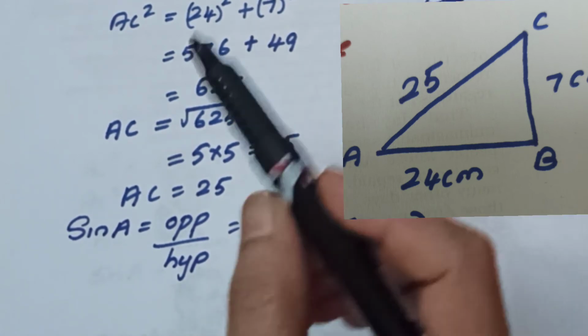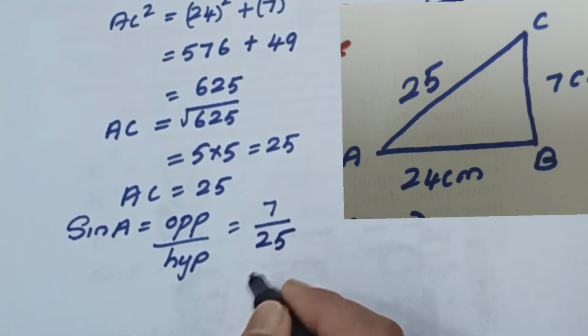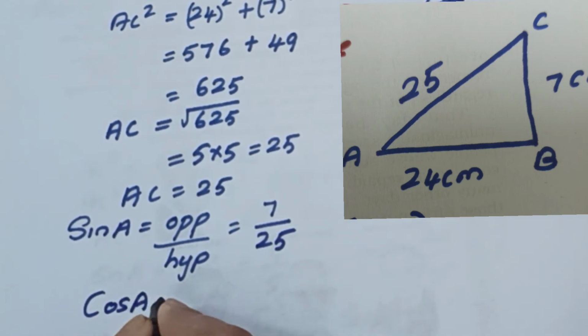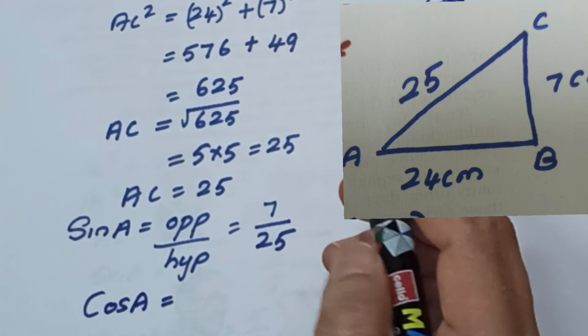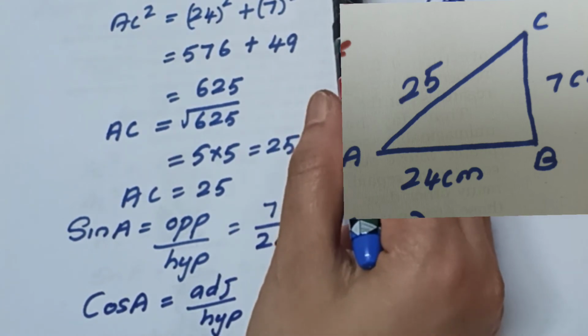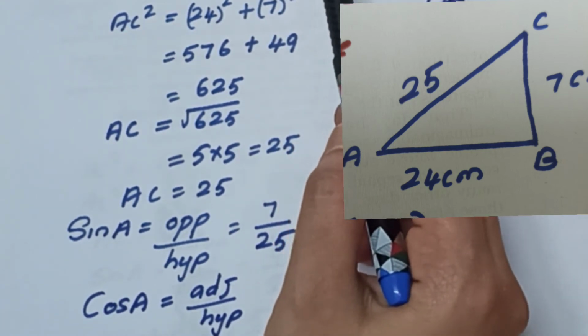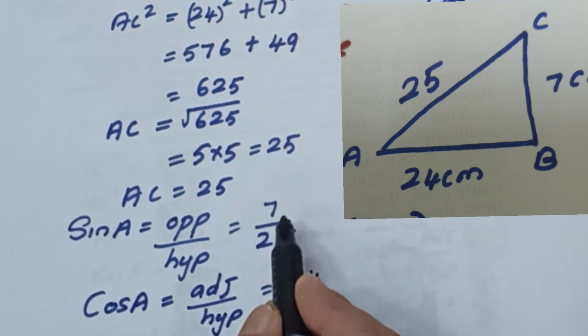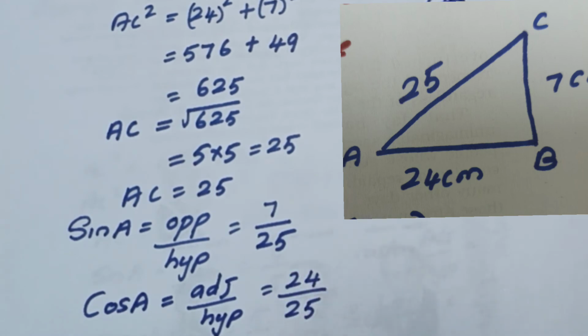Hypotenuse AC is 25. So sin A is 7 by 25. Now we have to find cos A. What is cos? Cos is adjacent by hypotenuse. So what is adjacent side here? Adjacent side is AB, that is 24, and hypotenuse is 25. So sin A is 7 by 25 and cos A is 24 by 25.